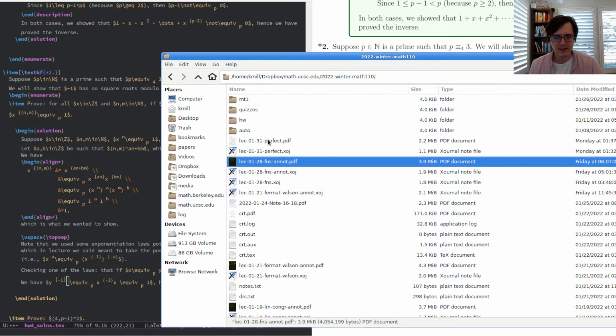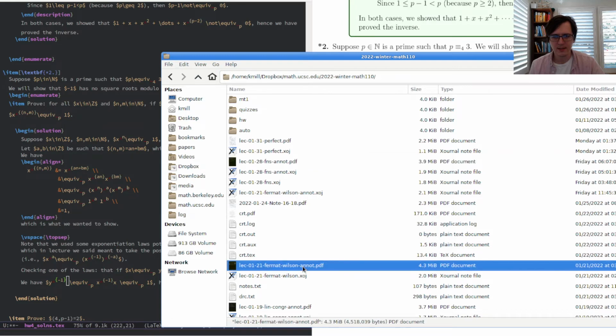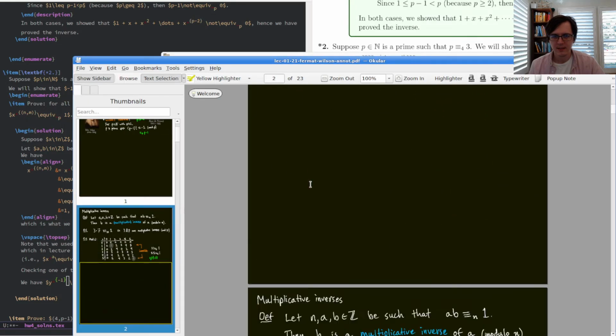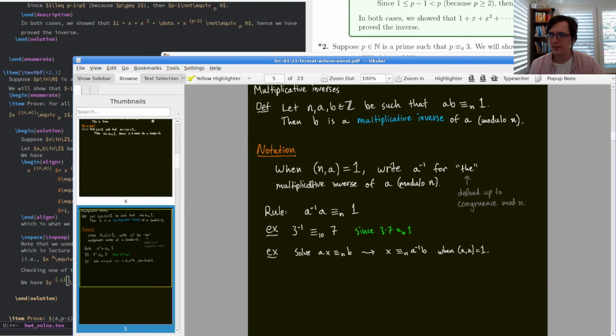All the files. When was that? I think, yeah, it was the Fermat lecture. Where's the PDF? Huh. So let's see.